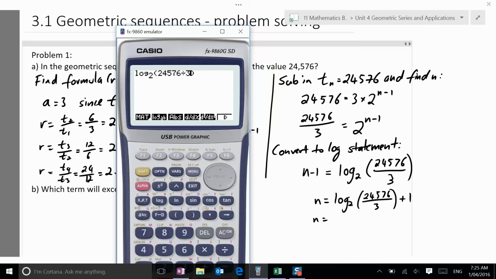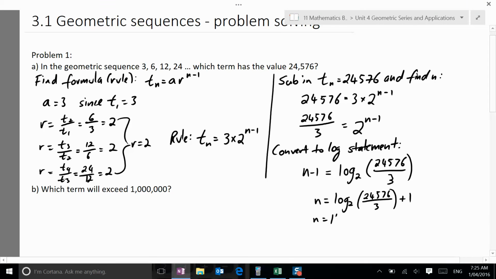Be careful with brackets. I get 14. So we can say the 14th term is 2,457,6.